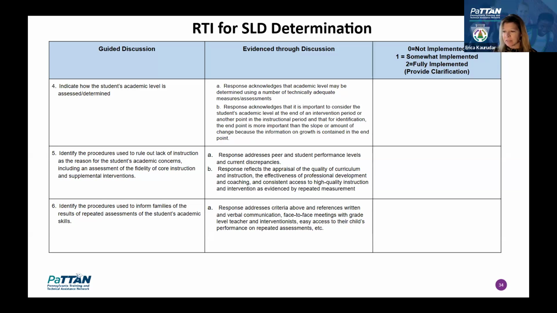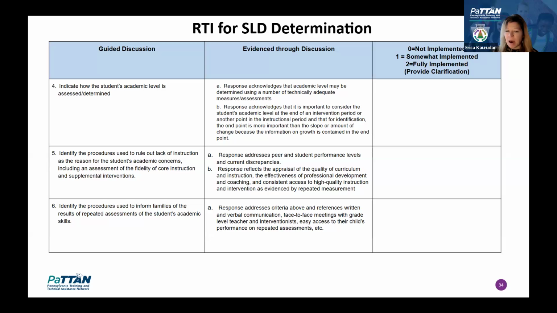How do we appraise the quality of curriculum and instruction, as well as consistent access to high quality instruction and intervention, as evidenced by repeated assessment? We also want to consider, has the student been present for a majority of instructional opportunities?